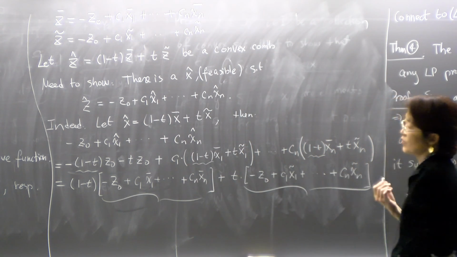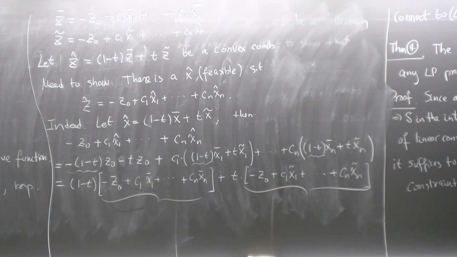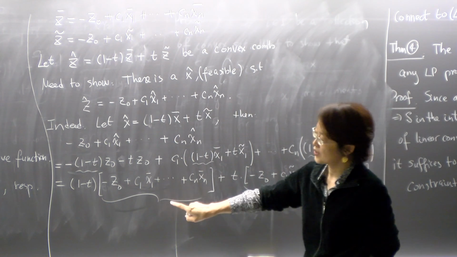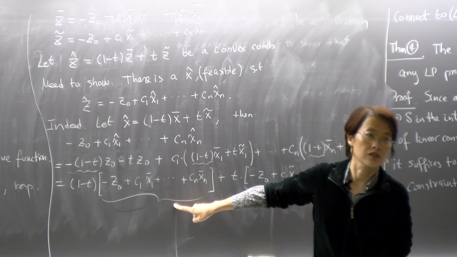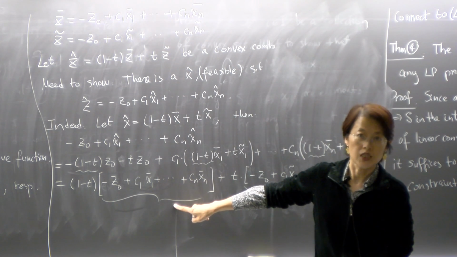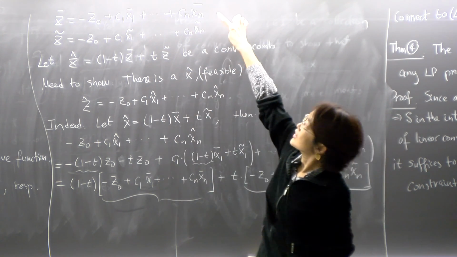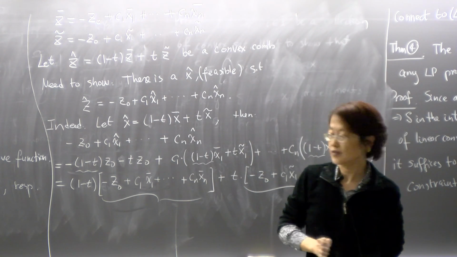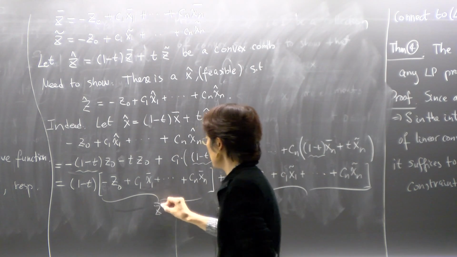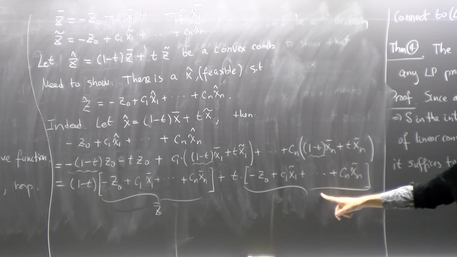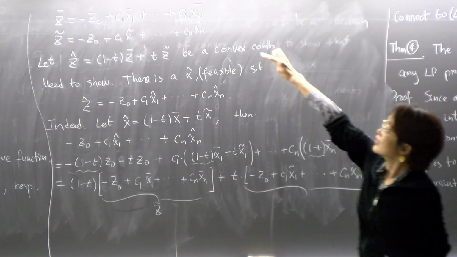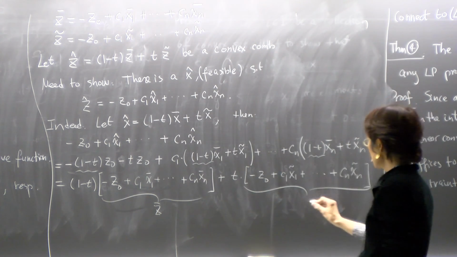It's somewhere on the board, you have to find it. So what will be the value for this first bracket? It's on the board. Isn't that z bar? This is z bar. What about the second bracket? Z tilde. It's that one, is that right? Z tilde.